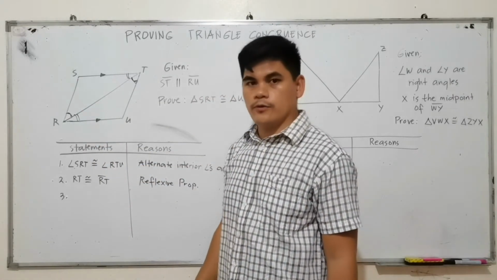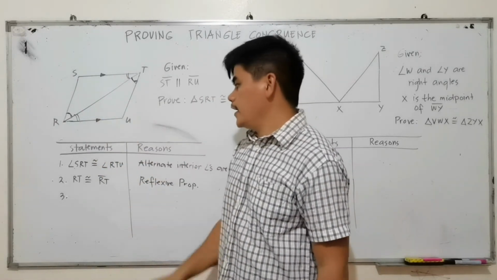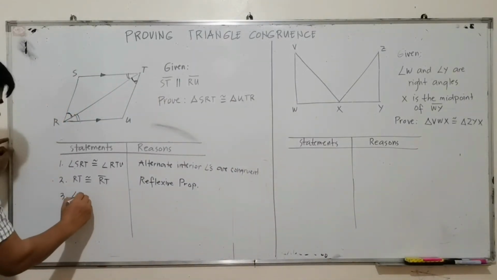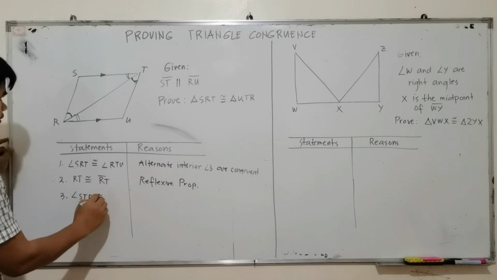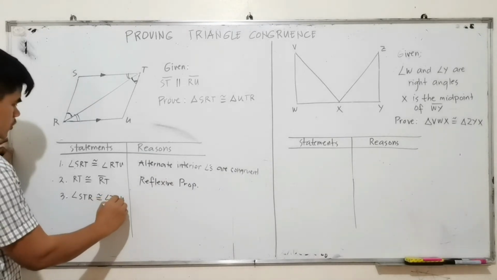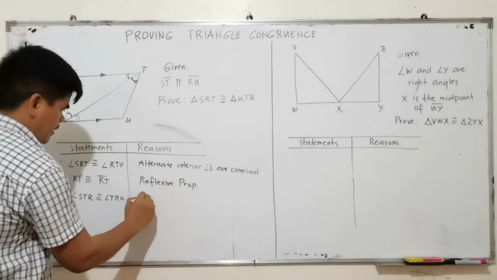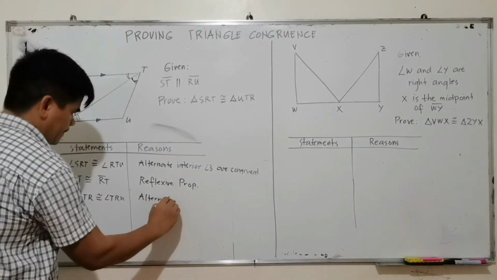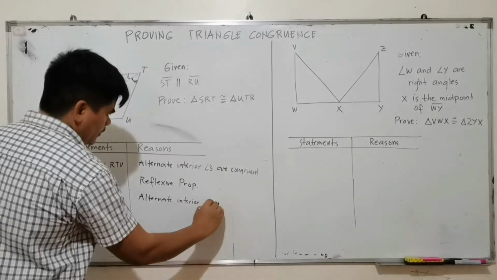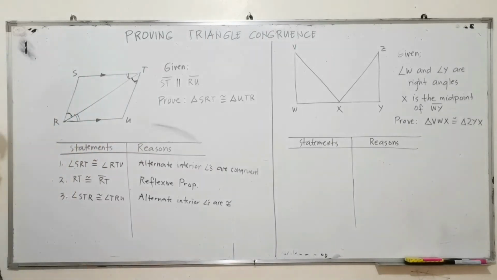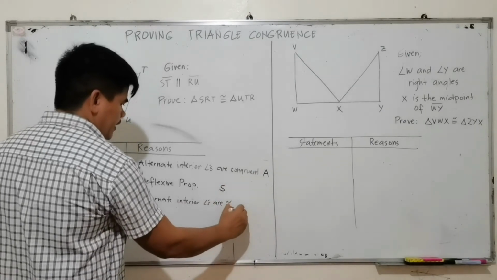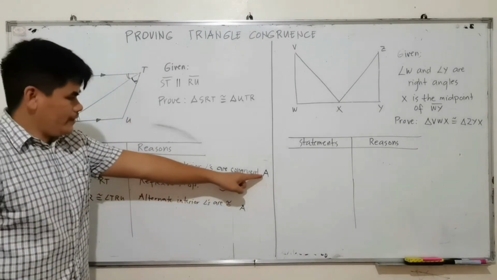So we will write that angle STR is congruent with angle TRU. The reason is the same, alternate interior angles are congruent. Okay? So we have angle here, side here, and angle. So to complete, we have ASA.